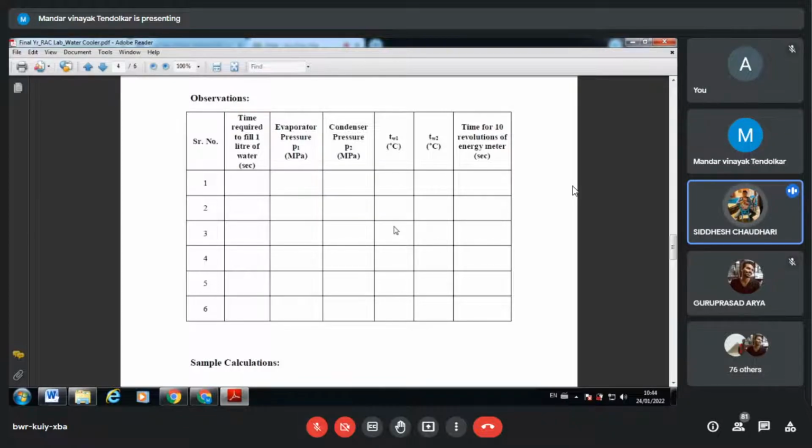Means to check whether it is wet compression or dry compression, right? Otherwise, how will you plot on the pH chart? Means okay, we have to plot on the pH chart. Got it. On the pH chart, it is pressure versus enthalpy. So I have to know the pressure, both for evaporator and the condenser. If we don't know that, how will we plot on the chart? Sir, got it.